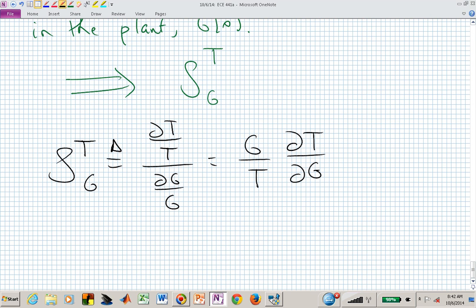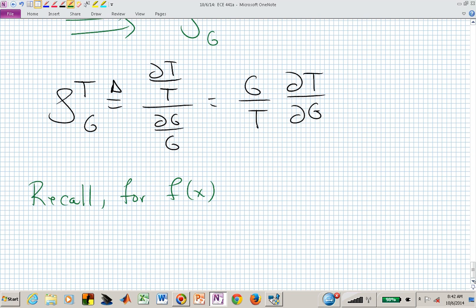Now, we can even make that even more interesting by remembering a little calculus. If we now take the derivative with respect to x of the natural log of f of x, what does that look like?